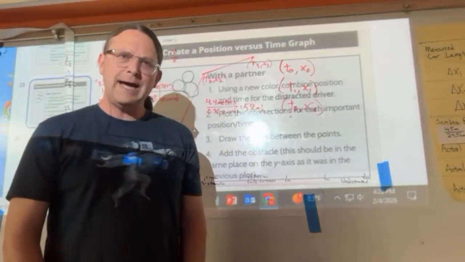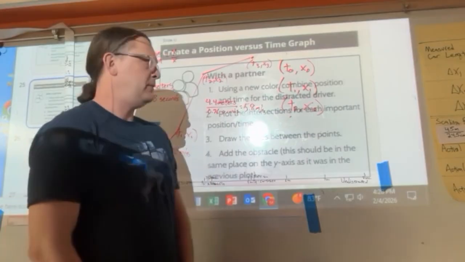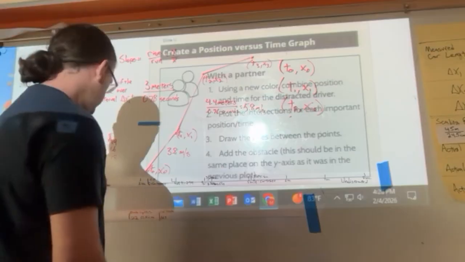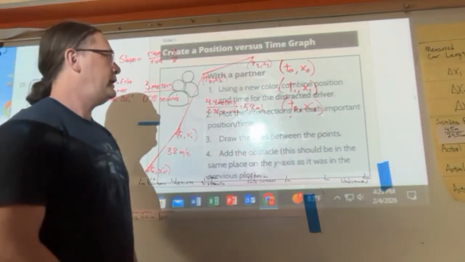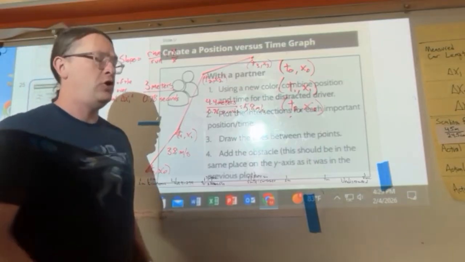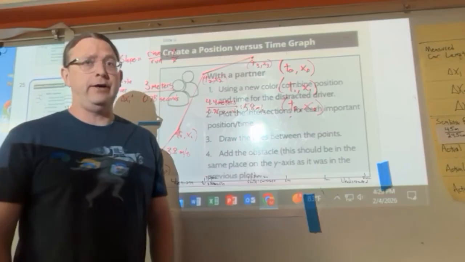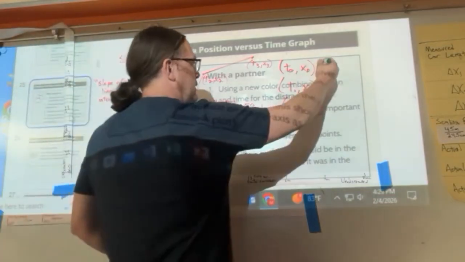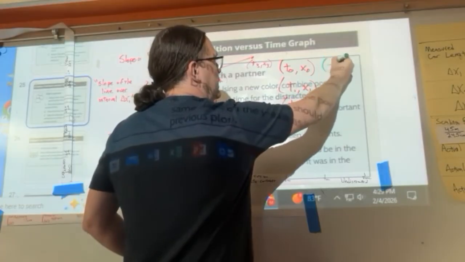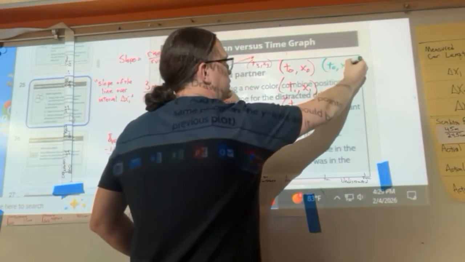Now, for your last challenge in this lesson, I want you to use a new color to combine position and time for your distracted driver. Plot the interceptions for each important time interval.